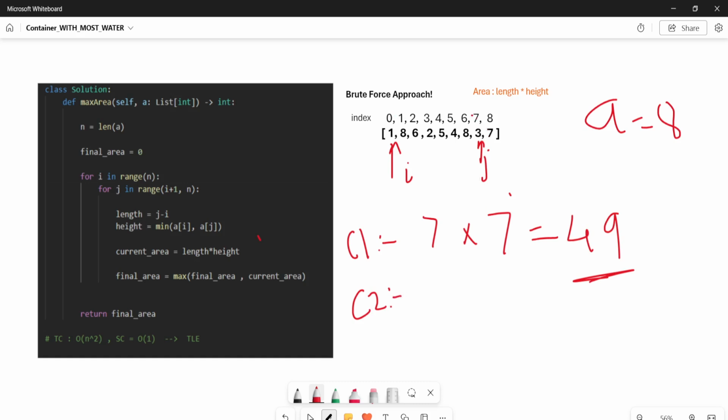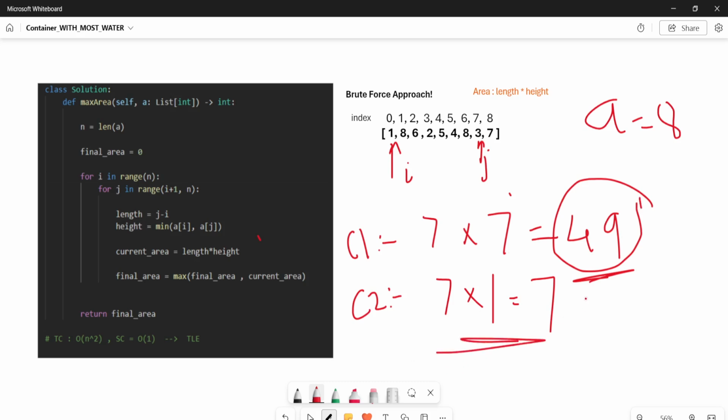The difference 7 minus 0 is 7, and the minimum between 1 and 3 is 1, right? So the area is 7. See here the difference. If we move the point with lesser height, in that case we are getting the benefit, right? So this is the approach basically in the optimized code.